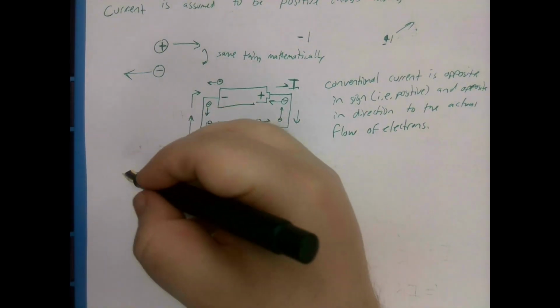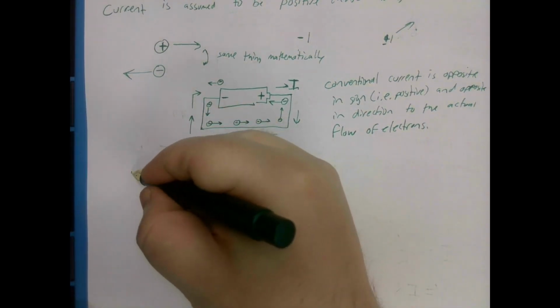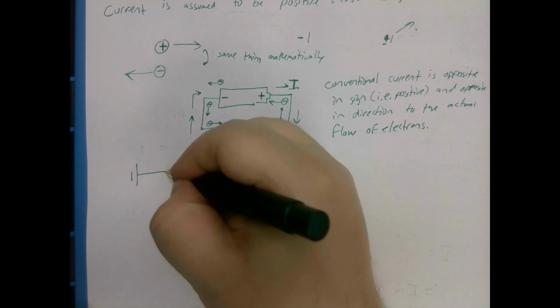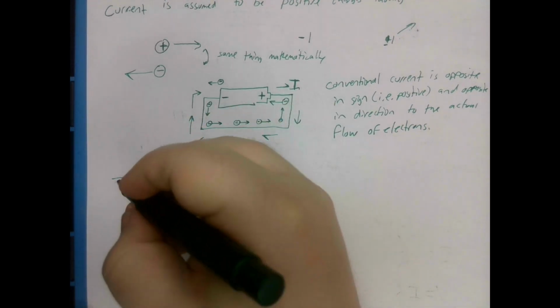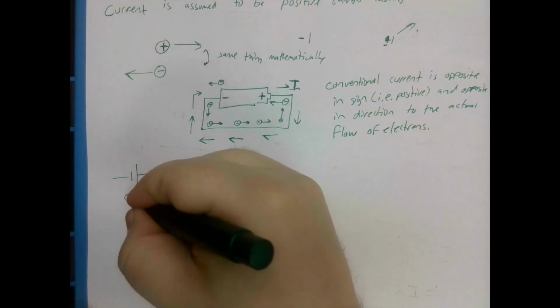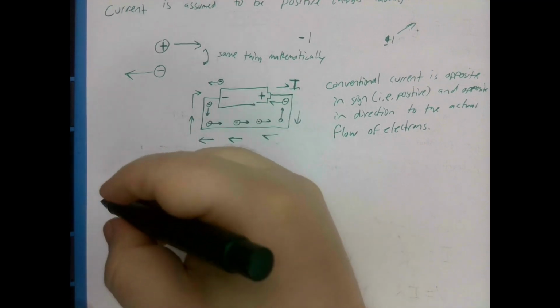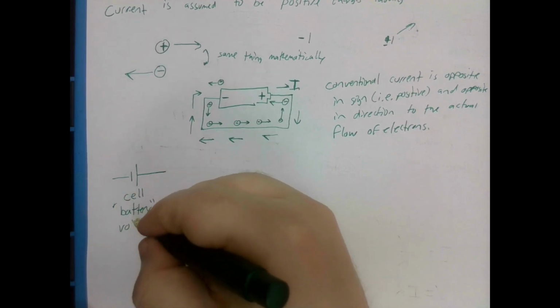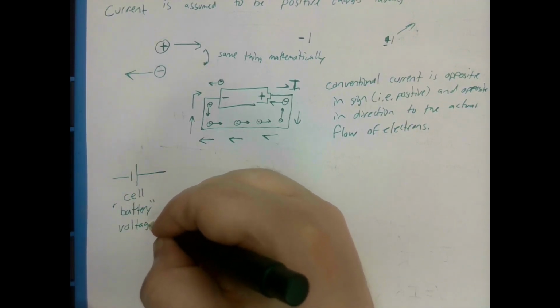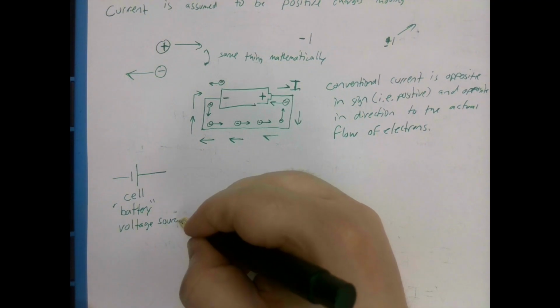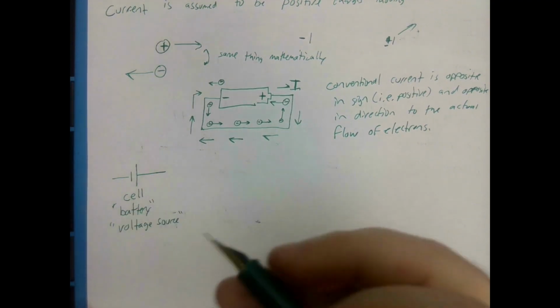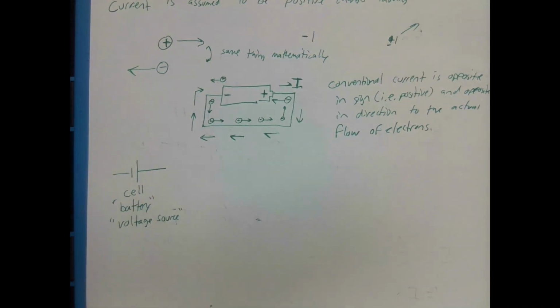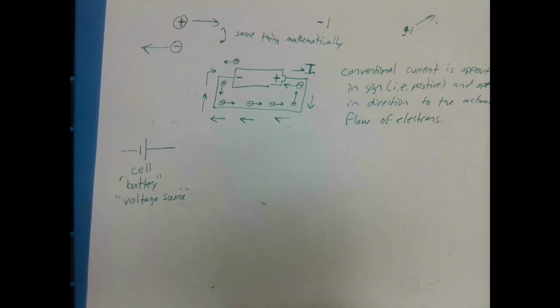So some circuit notation. This symbol is called a cell, a battery, or voltage source. These can be used for battery or voltage source.